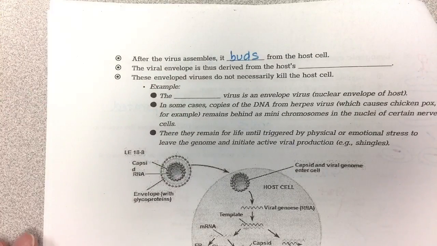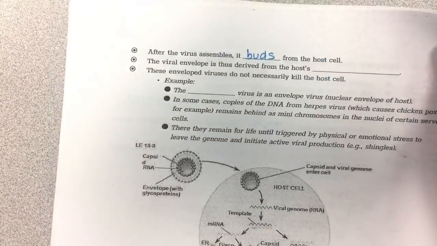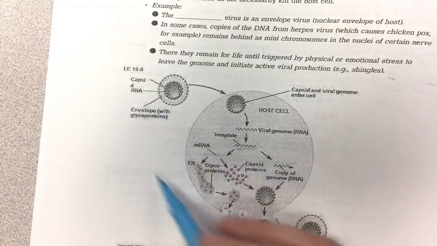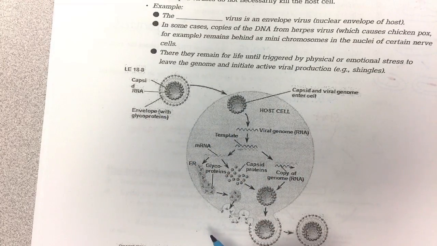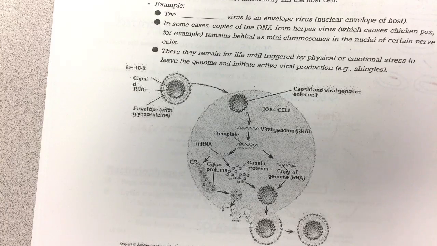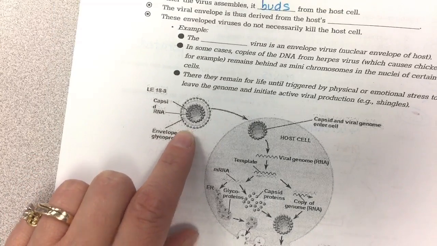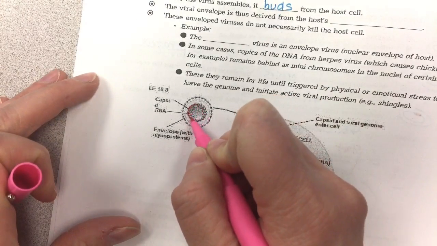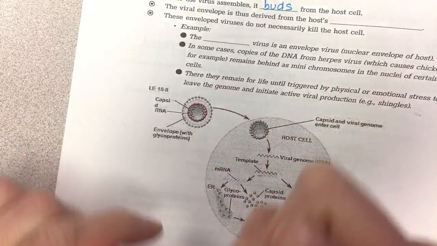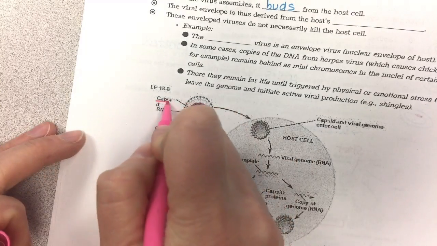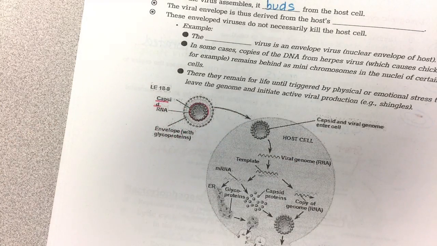So let's look at this, down here, this particular picture. What you're seeing is an envelope virus like the influenza virus. So if we go with the same color coding, here's your capsid, and the capsid is pink.